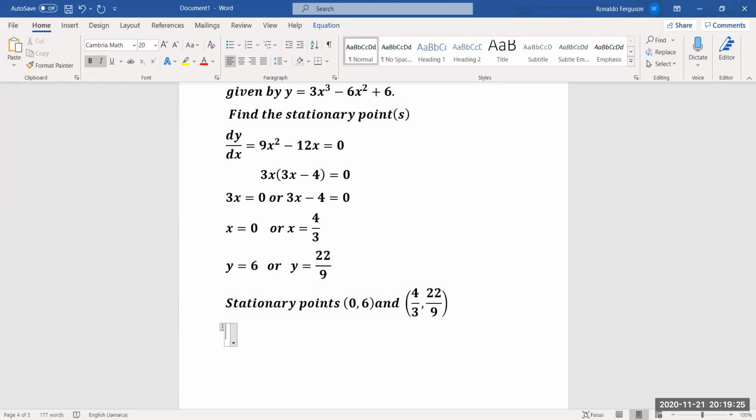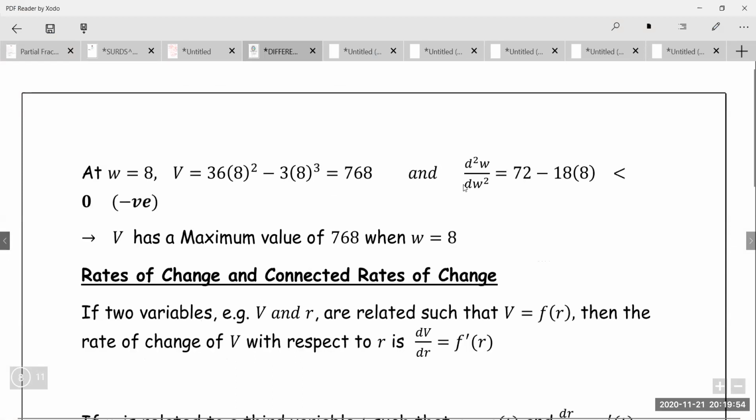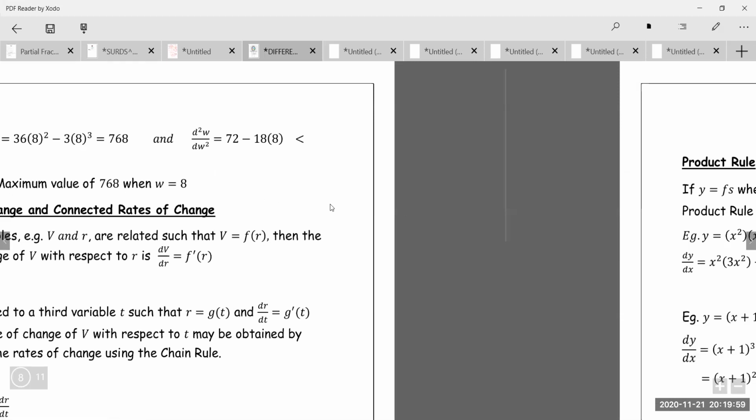Cool? Now that we have that, that's how we find stationary points.